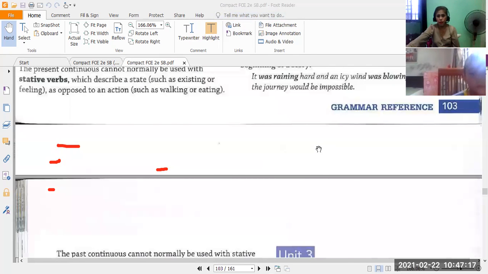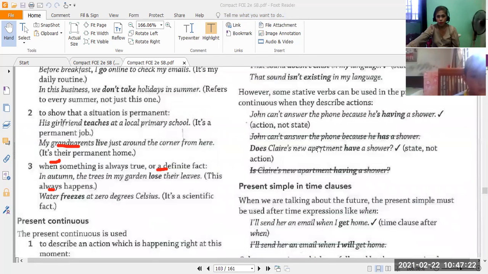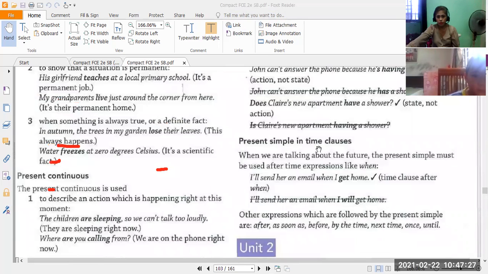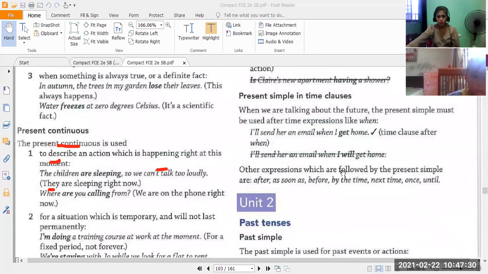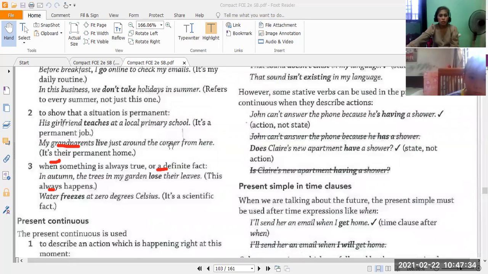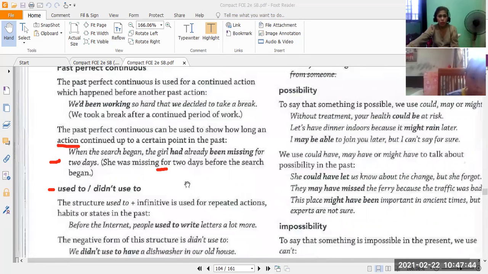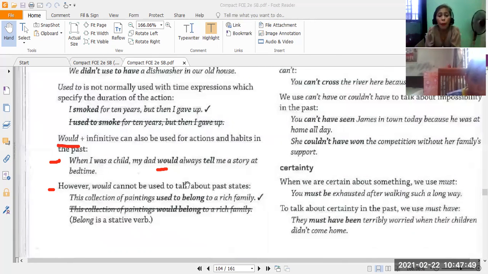Belong is part of the stative verbs. We have been studying that already. Let us check again. This collection of paintings used to belong to a rich family.